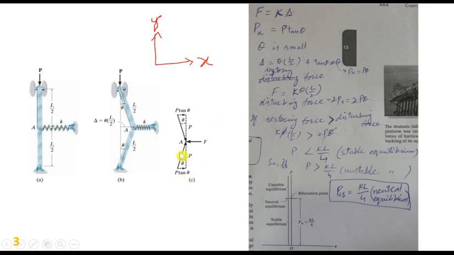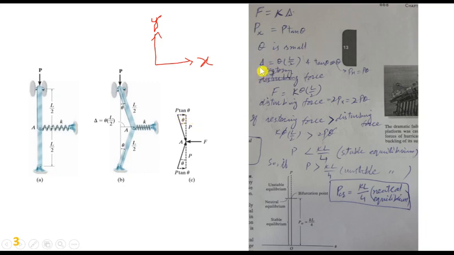Similarly here, so 2 will be there, and we know F is equal to K into delta from the mass spring system. F is equal to K delta, and Px, that is this force, is equal to P tan of theta along the x-axis.